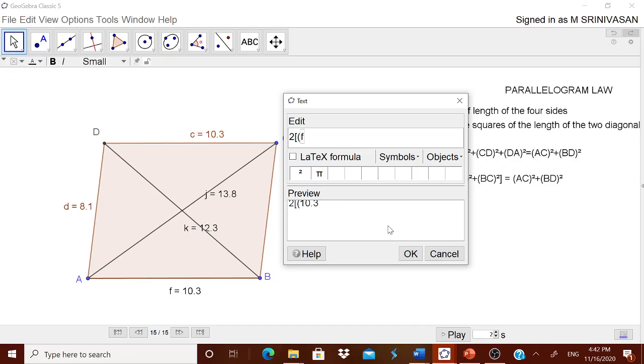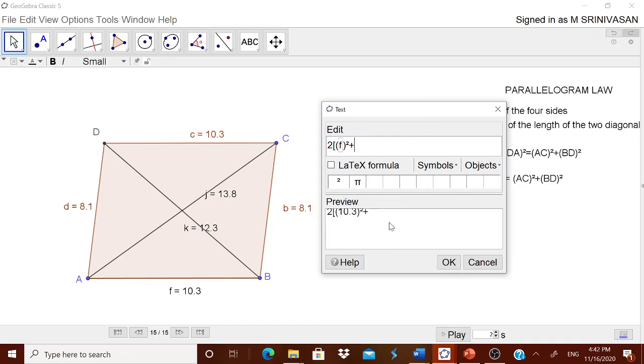Then the whole square, plus 2 times B, from the object, the whole square, is equal to AC square.